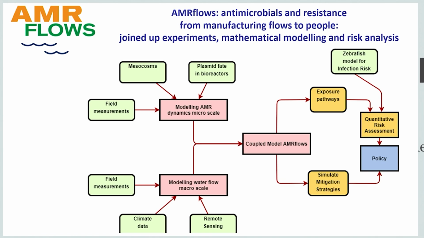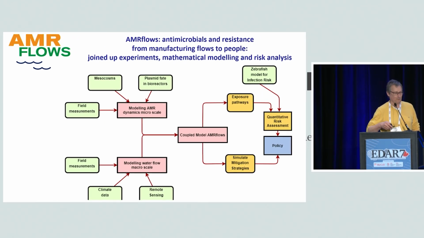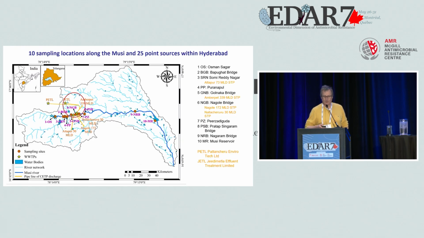So we'll only talk about some of the field measurements today and the quantitative risk assessment. We have been doing some of the other work, but due to lack of funding, we have not managed to do all the work that we planned to do because we got paid 2 years later than we needed the money. So some of the things are just now starting since we got some more money now.